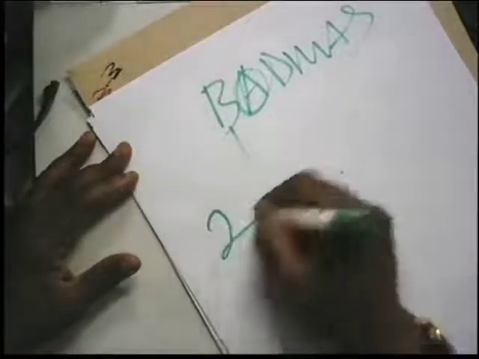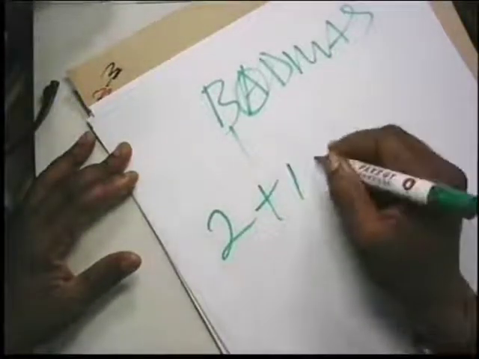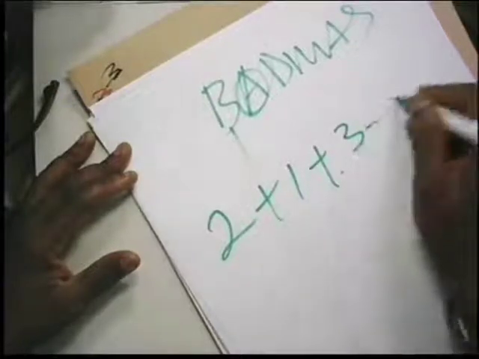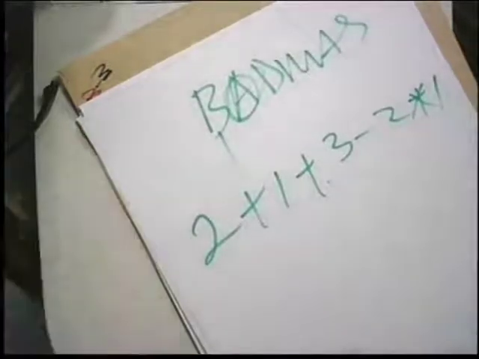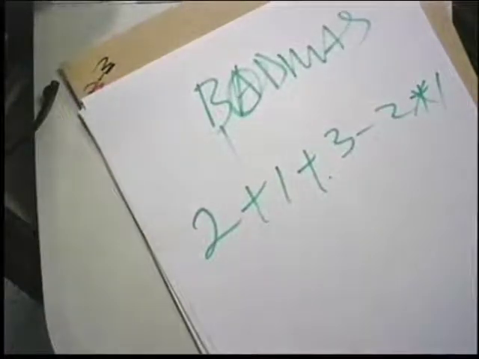When I say 2 plus 1 plus 3 minus 2 multiplied by 1, you want to look at your BODMAS. There is no bracket. There is no addition, no A, no O. You now ask yourself, which one is the odd number? The odd numbers are the ones that cannot divide by 2, and there will be a remainder.